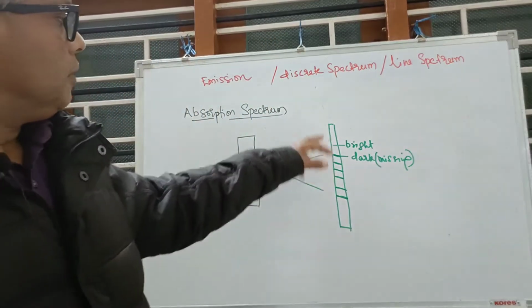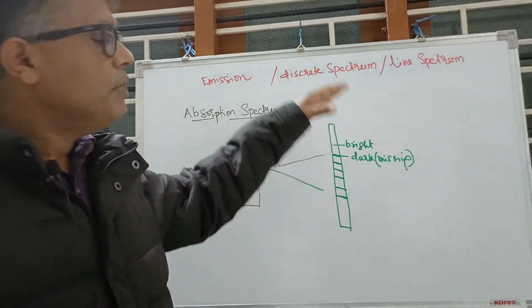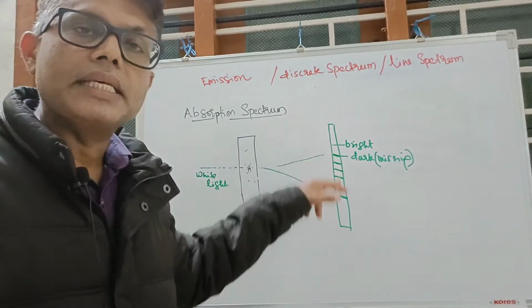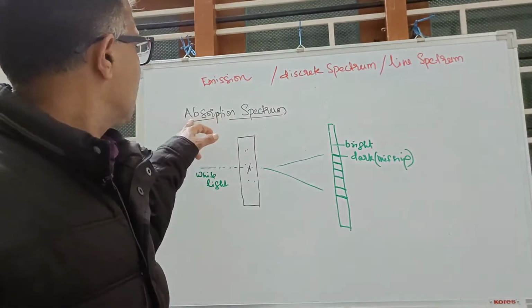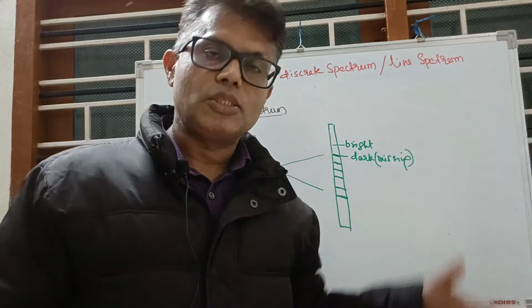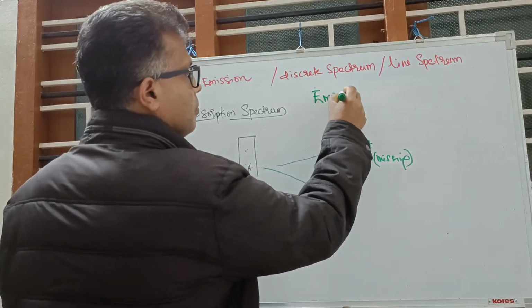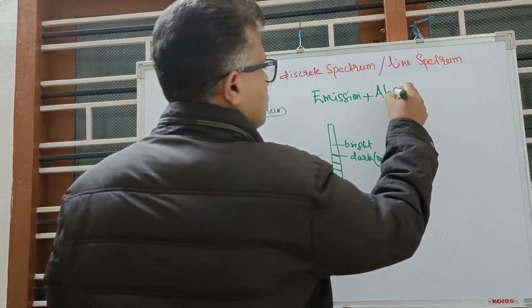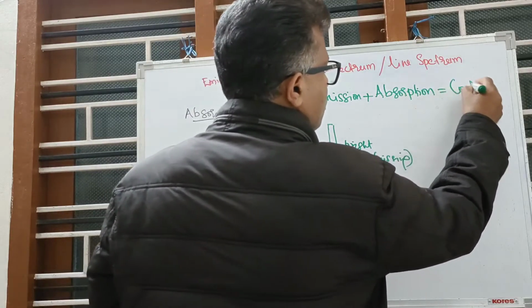Now you see this is the continuous spectrum, but wherever the emission spectrum has bright lines, here they are missing. It is like dark. So now we understood what an absorption spectrum is. It is the remaining spectrum of the emission spectrum. So we can say emission plus absorption is a continuous spectrum.